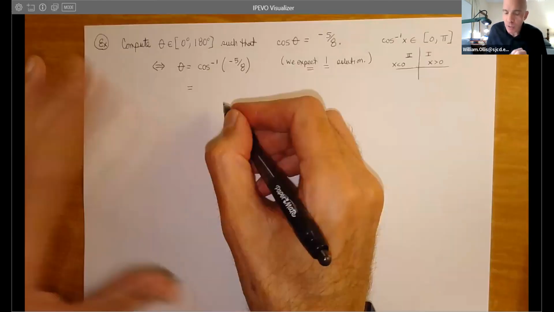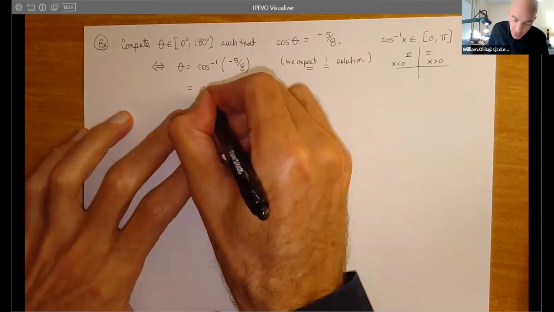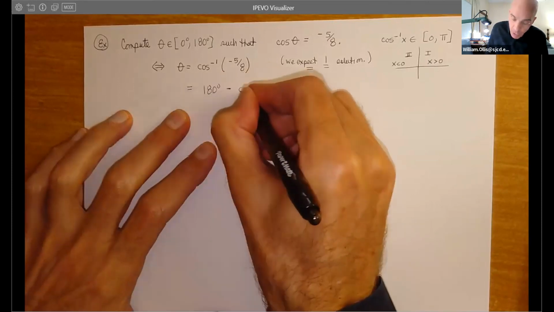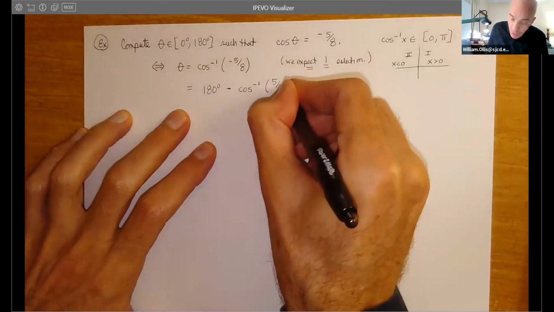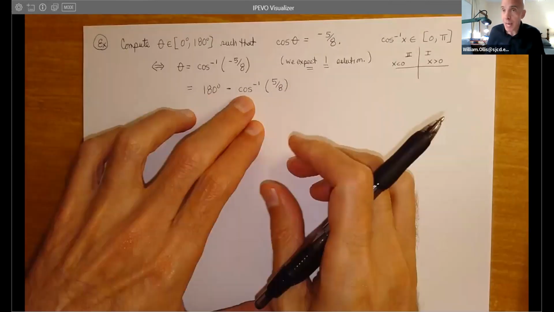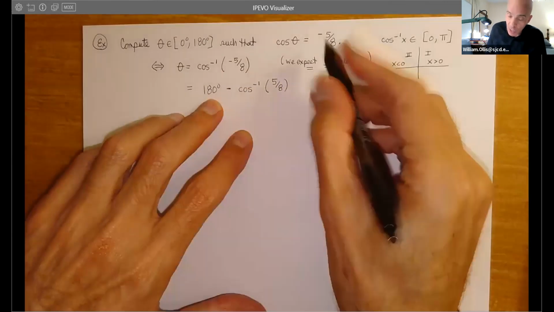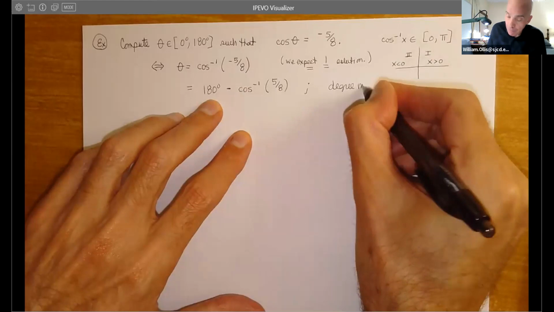But since we're going to use degree mode, let's switch the pi to 180. So we get 180 degrees minus inverse cosine of 5/8. Remember the theorem, we had pi minus the inverse cosine of x, but now we're in degrees. We'll just go ahead and switch to that. And just note now that we are in degree mode.